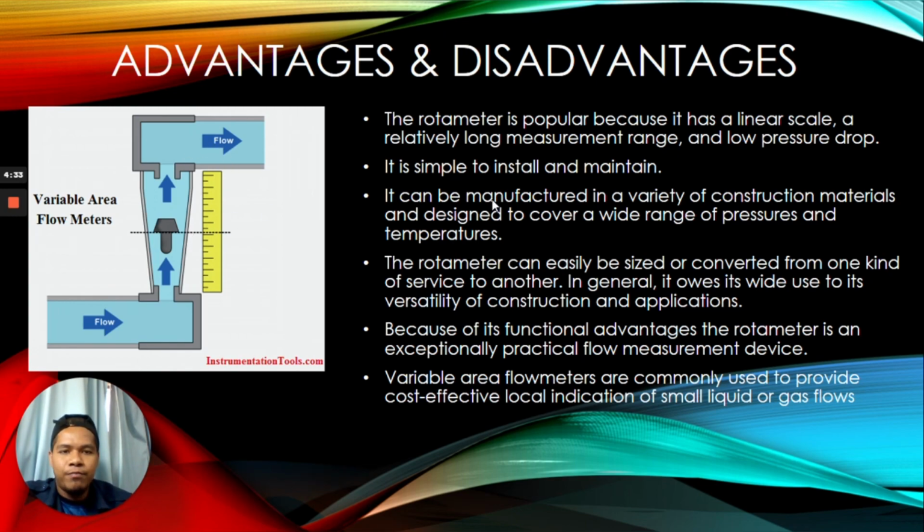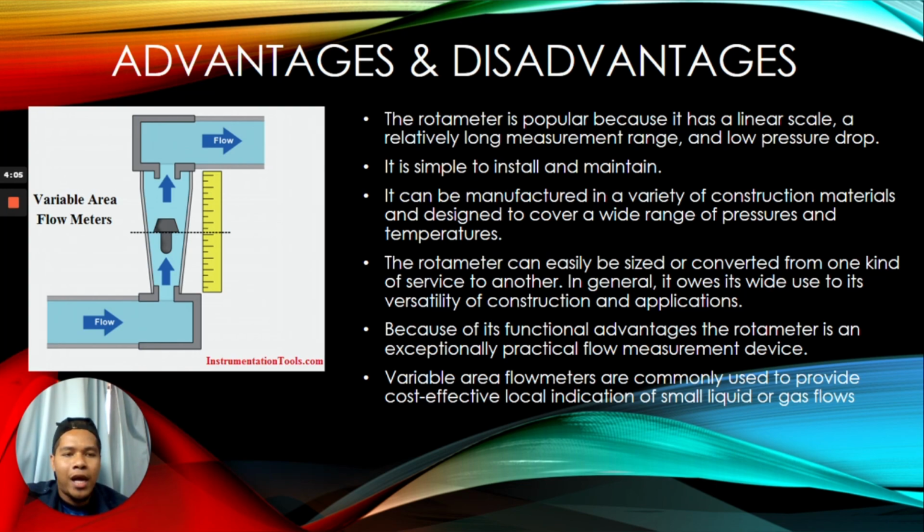It is very simple to install and maintain, and it can be manufactured in a variety of construction materials and designed to cover a wide range of pressures and temperatures. Alright, the rotameter can easily be sized or converted from one kind of service to another.